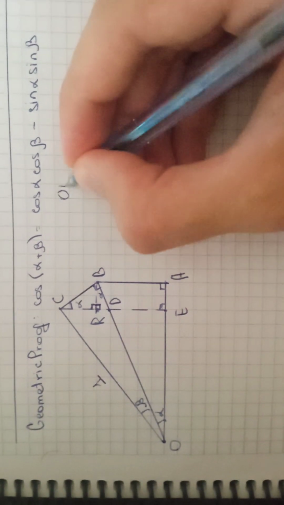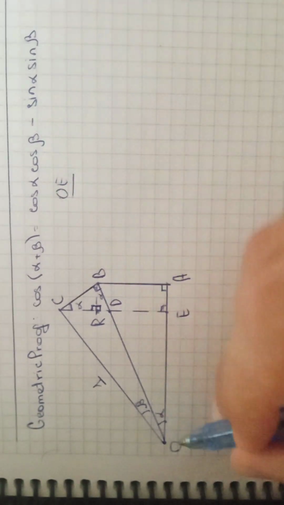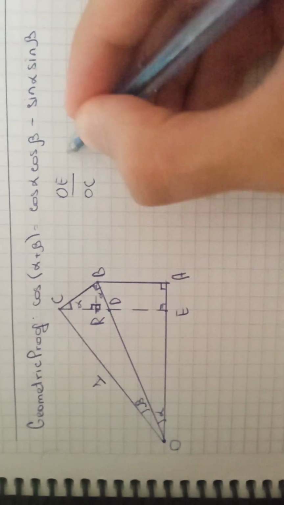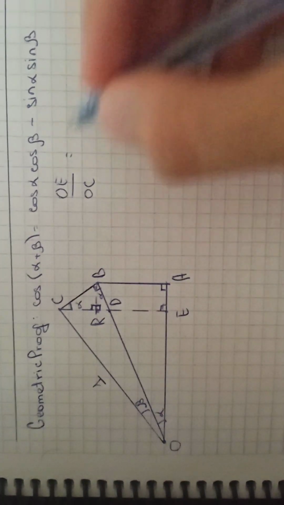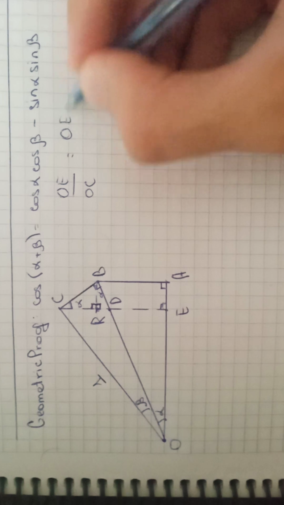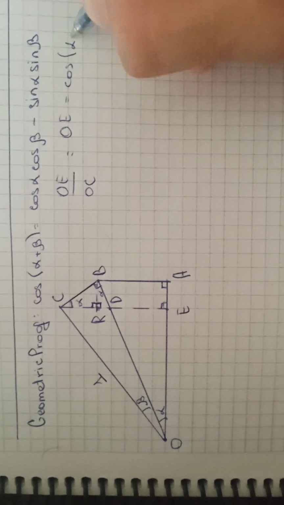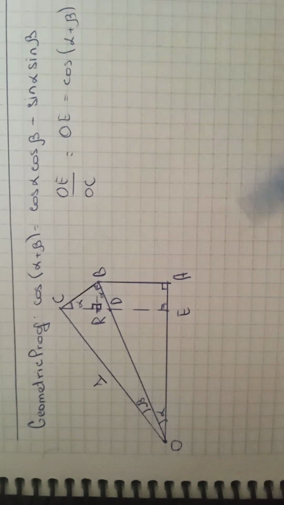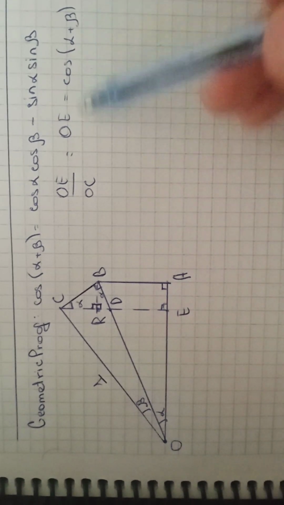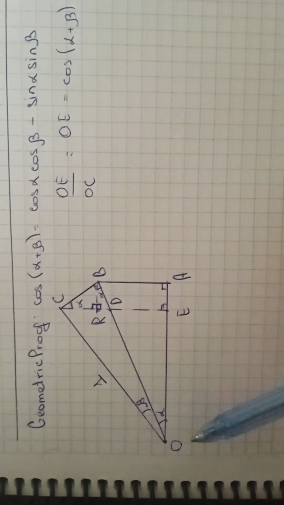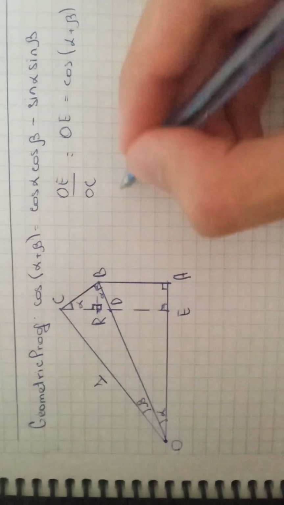So OE over OC, and because OC is equal to 1, this is just equal to OE. So this is equal to cosine of alpha plus beta. So OE is equal to cosine alpha plus beta. And the next question is, what is OE equal to?